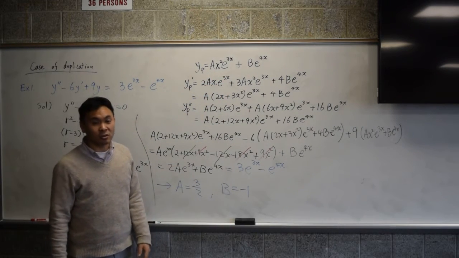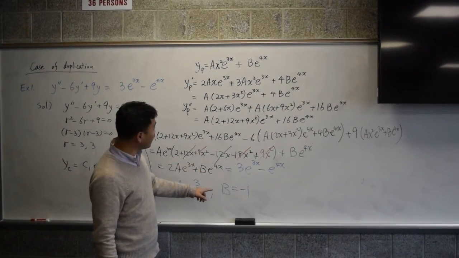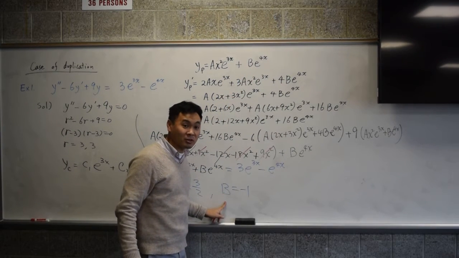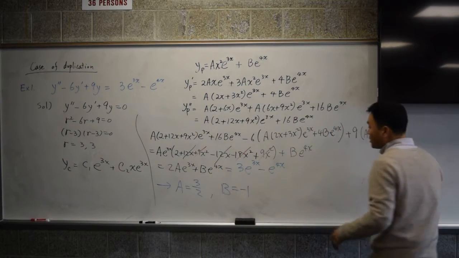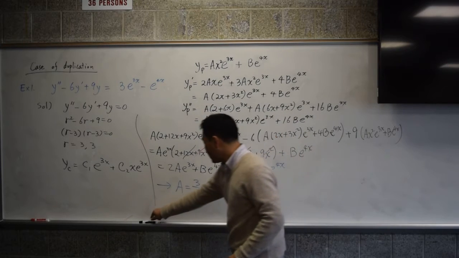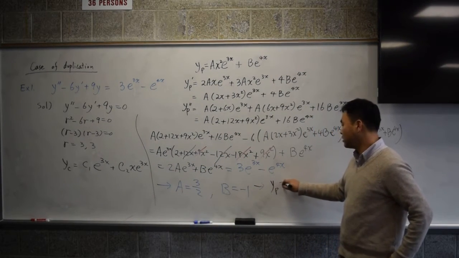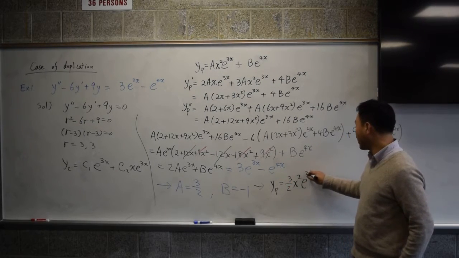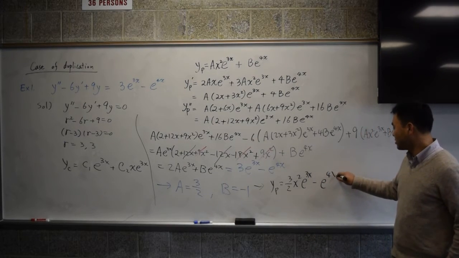Okay. So to answer John's question, if you had set minus b, you would have gotten b as plus 1. So at the end of the day, you're going to get the same answer. Okay? And therefore, your y particular is 3 over 2 x squared e to the 3x minus e to the 4x.